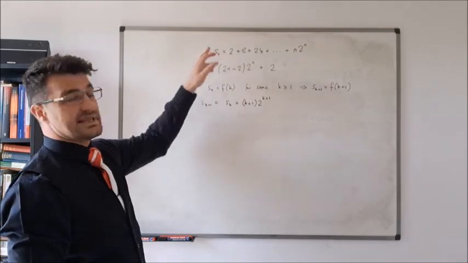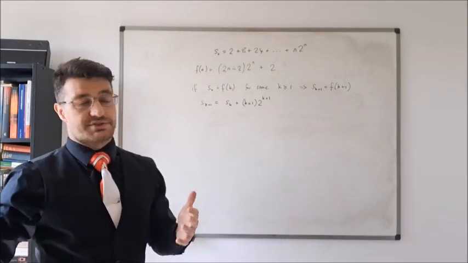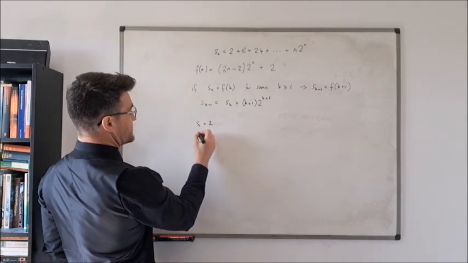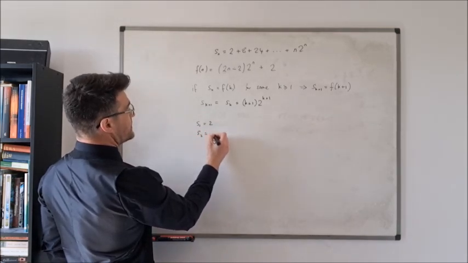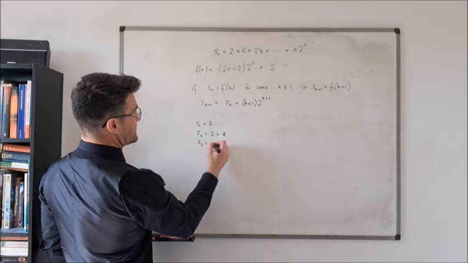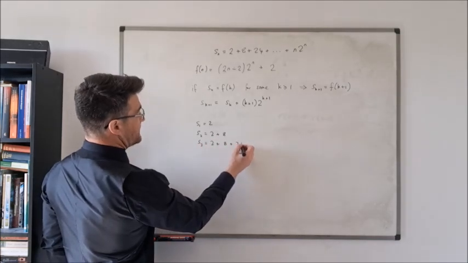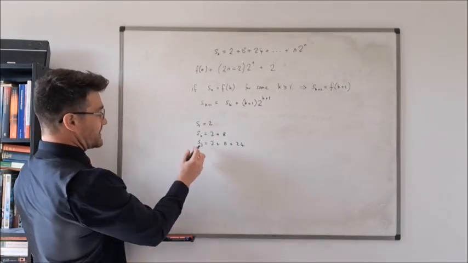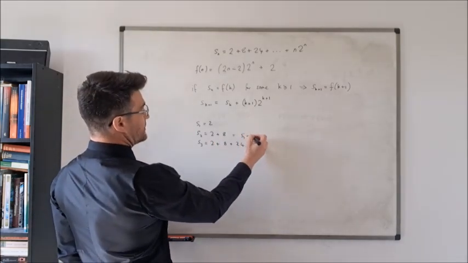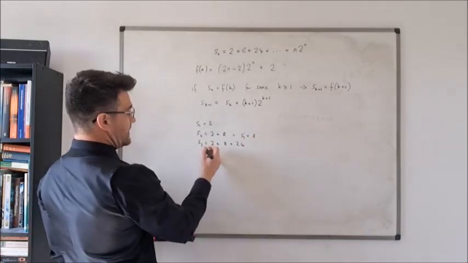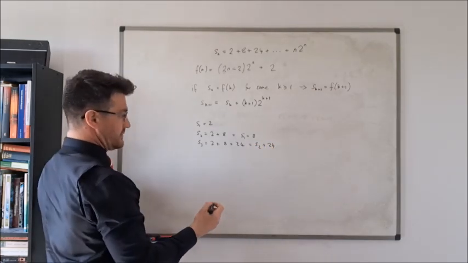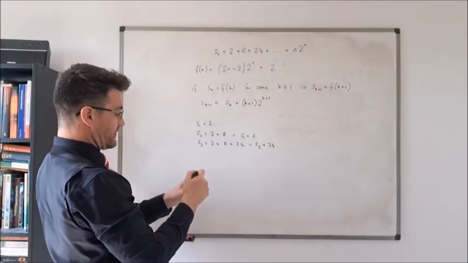These Sn form a sequence. S1 is equal to 2. S2 is equal to 2 plus 8. S3 is equal to 2 plus 8 plus 24. So notice that, for example, S2 is equal to S1 plus 8. S3 is equal to S2 plus 24. And this is where I'm getting this relationship from here.